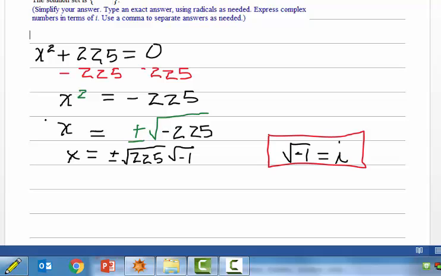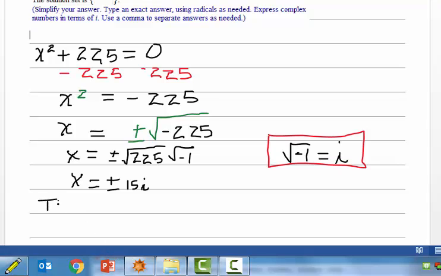That's the foundation of the complex numbers. Well, the square root of 225 is 15. So our solution is plus or minus 15, and the square root of negative 1 is i. So plus or minus 15i.